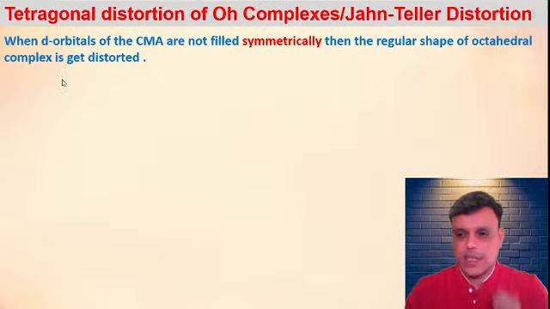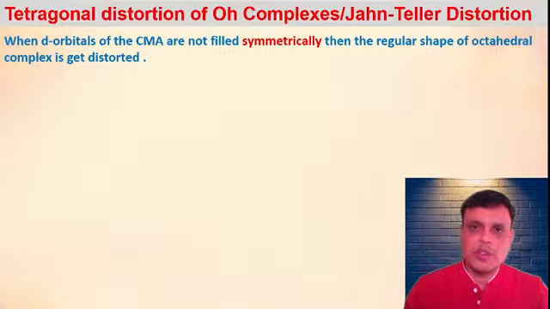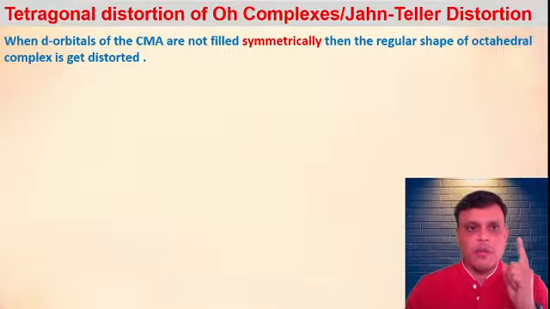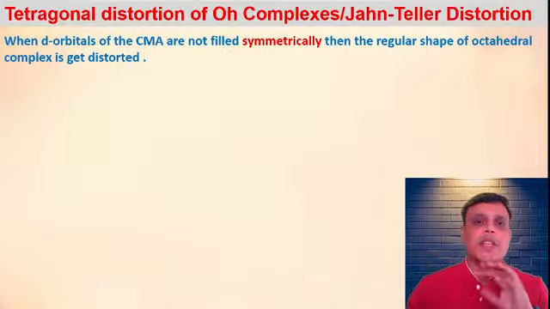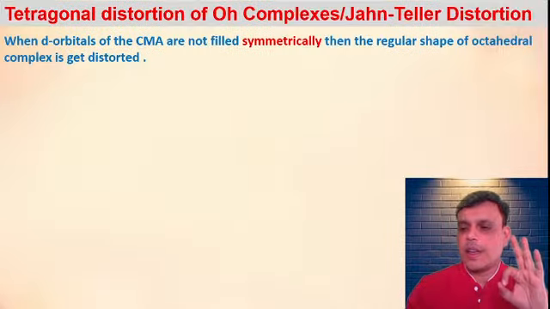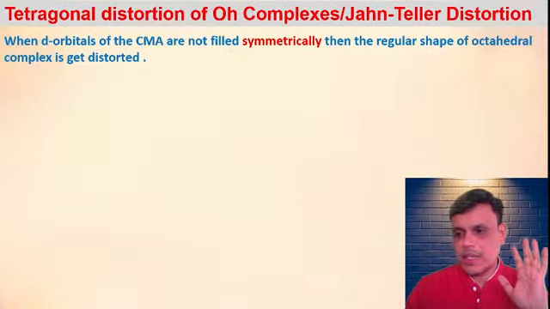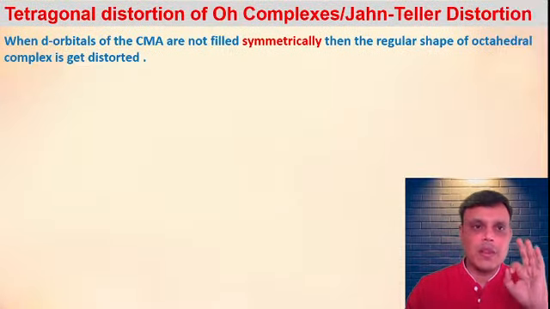This is the first reason when tetragonal distortion or Jahn-Teller distortion takes place: when the d orbitals of the central metal atoms are not filled symmetrically, then the regular shape of the octahedral complex gets distorted. This is the first reason.